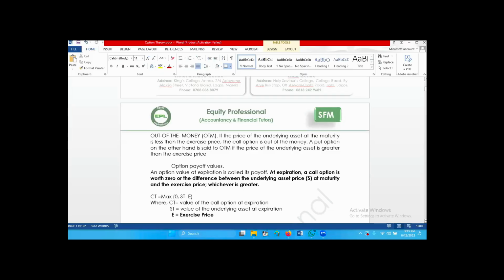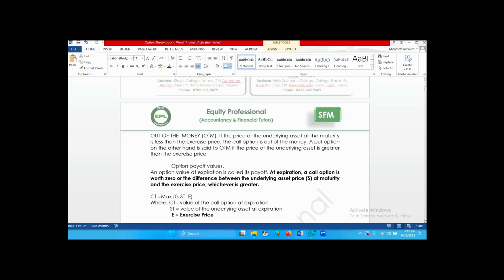At maturity, a call option is worth 0 or the difference between the asset price at maturity and the exercise price. Please look at that word.